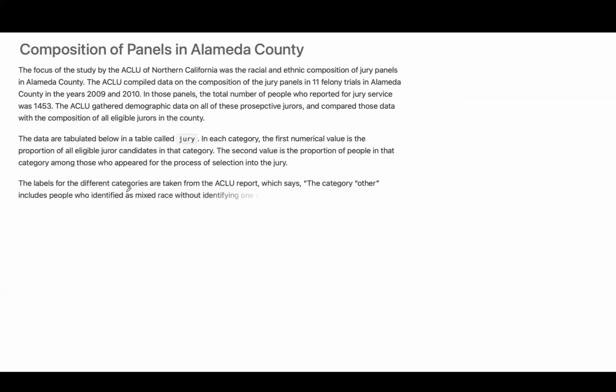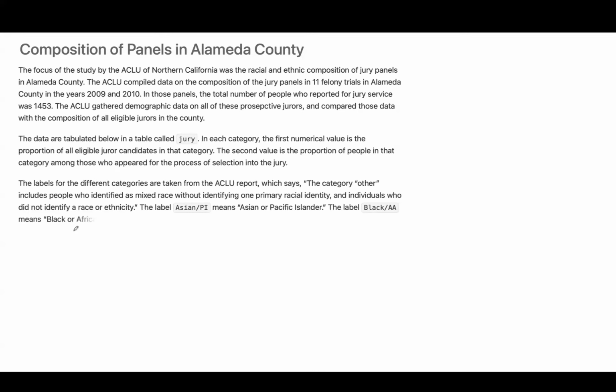The labels for the different categories are taken from the ACLU report, which says the category Other includes people who identify as mixed race without identifying one primary racial identity and individuals who didn't identify a race or ethnicity. The label Asian PI means Asian or Pacific Islander. The label Black AA means Black or African Americans.